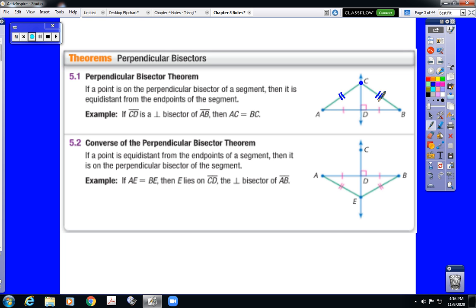If a point is equidistant from the endpoints of a line segment, then that point must lie on the perpendicular bisector of the segment. So if we look at this picture, since E is lying on line CD and EA is equal to EB, that is enough for us to state that CD must be the perpendicular bisector of AB.